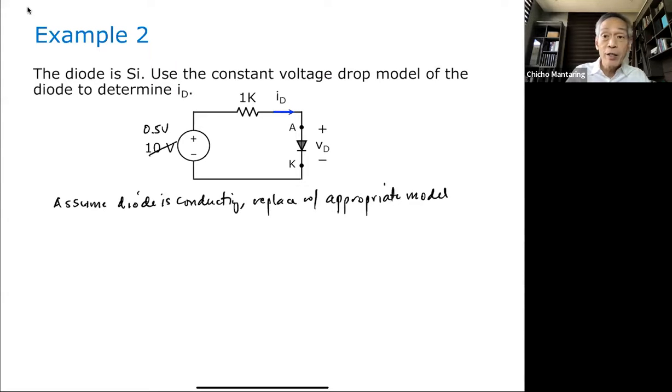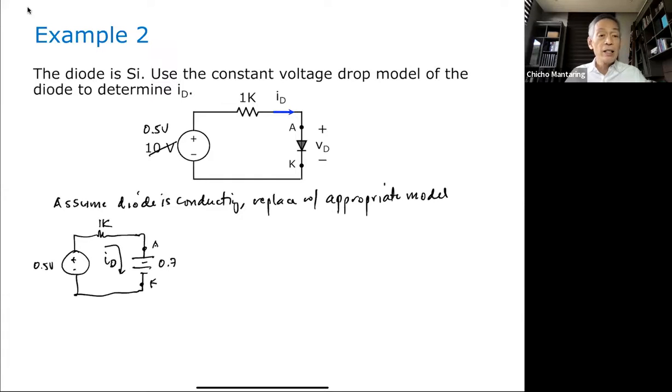So what will our equivalent circuit be? You'll have 0.5 volts, 1K. We assume the diode is conducting. So what do we have? We have a voltage source from anode to cathode of 0.7 volts. And then we compute for I sub D. Can someone tell me what will be the value of I sub D? Anyone?